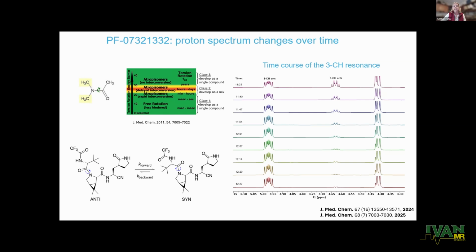And the molecules that are difficult to deal with are these class 2, where it stays between hours and days. So you isolate something and clean it up, and literally while it's sitting around waiting for the next step, in a couple of days it goes back and re-equilibrates to both molecules. And so this can be a real problem for development.